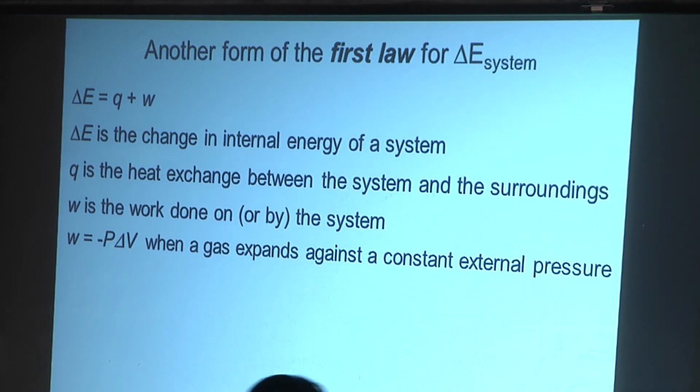So work equals what we call negative P delta V. We'll think about the negative sign probably on Thursday. Positive and negative signs mean very specific things when we're thinking about thermodynamics or thermochemistry. So work is negative P delta V when a gas expands pushing against some pressure.